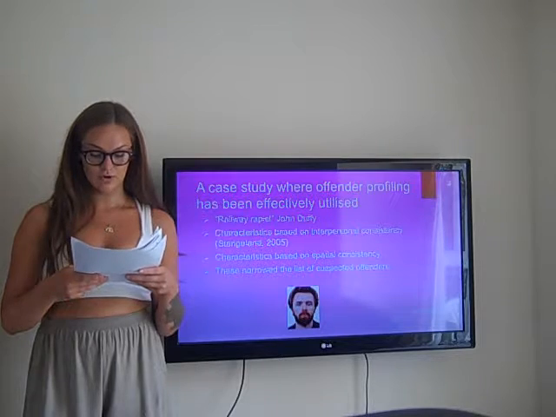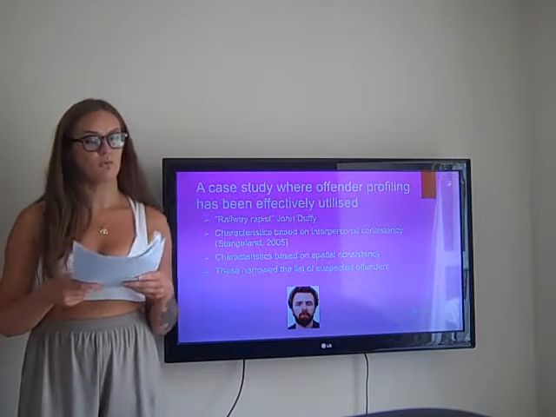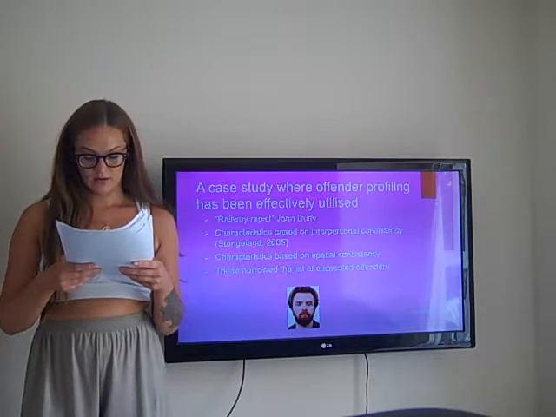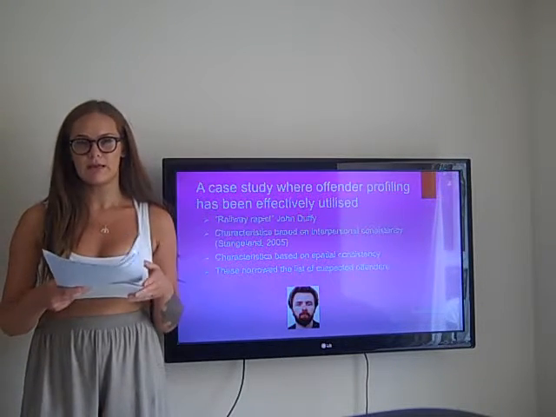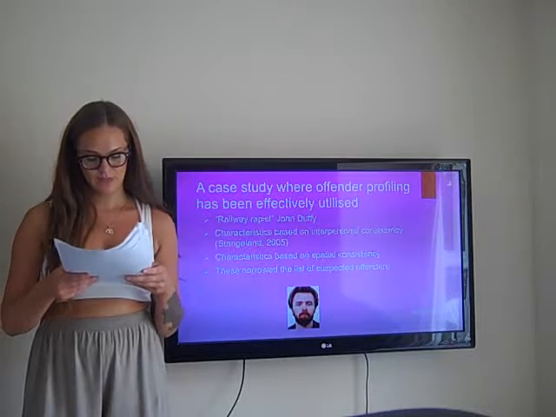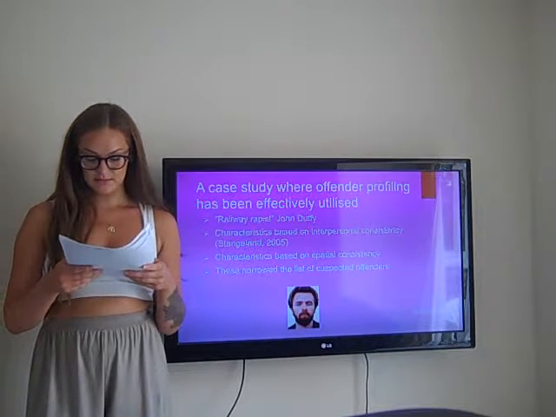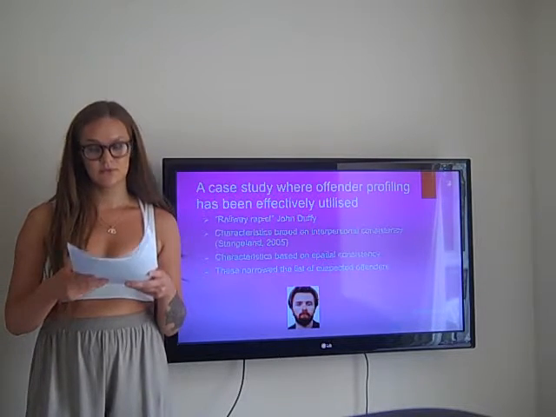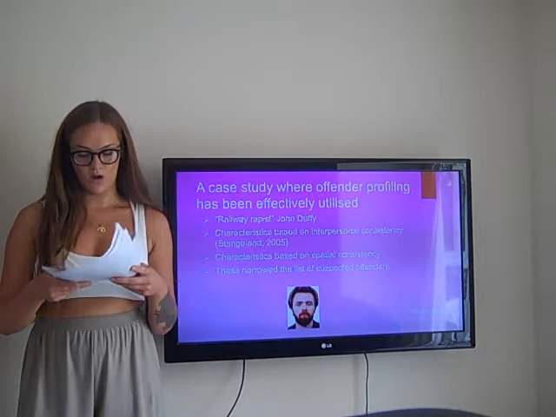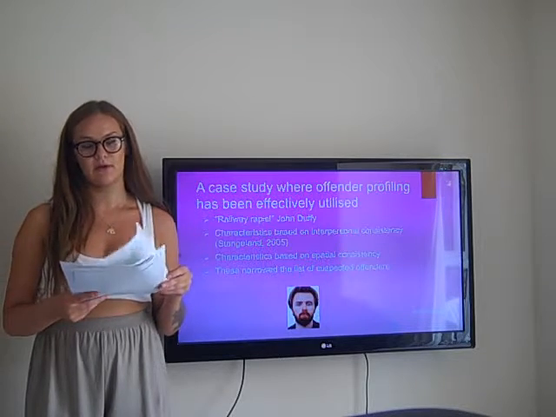Probably not very physically strong, as you can see he's quite a small man, and previously in trouble with the police or with some kind of affiliation with the police. Characteristics were also based on spatial consistency: knowledge of the railway stations, as this was connected to his employment, and he worked and lived by the railway and the scenes where he committed the crimes.